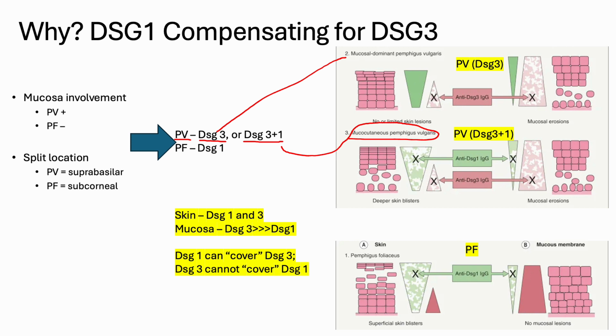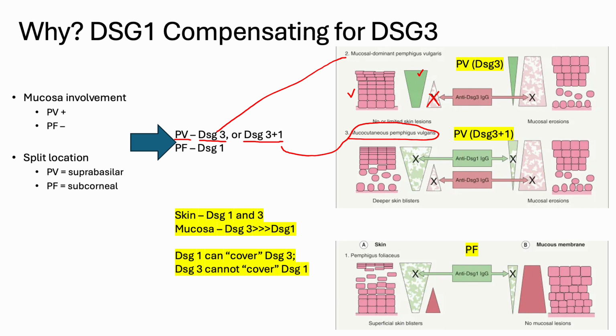And let me explain. In the mucosal dominant or DSG3 PVs, when there is an autoantibody against DSG3, which is killing the DSG3, we demonstrated this with this red little triangle. And remember, we said the DSG1, which is demonstrated in green, can cover or compensate for the missing DSG3. That is why the skin is still intact, okay?